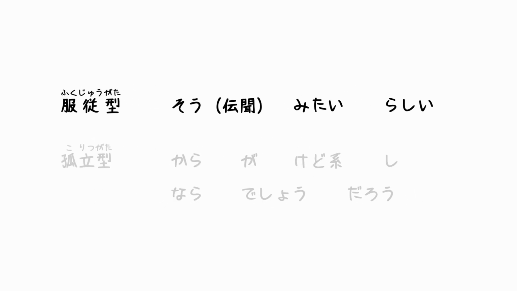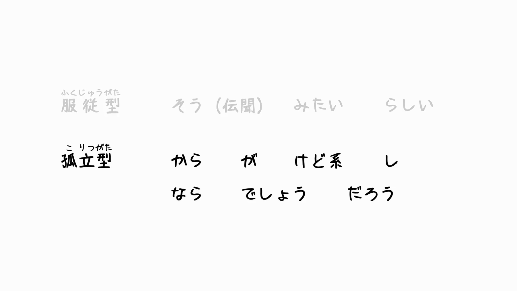Alright, now we've covered all the common dependent words that attach to the shushike as well as their pitch behaviors, which are the follower type, including the hearsay そう、みたい、らしい, and the loner type, including から、が、the kedo group, し、なら、でしょう, and だろう.